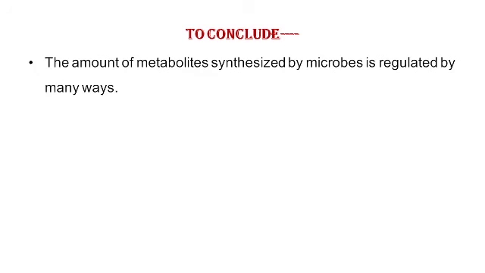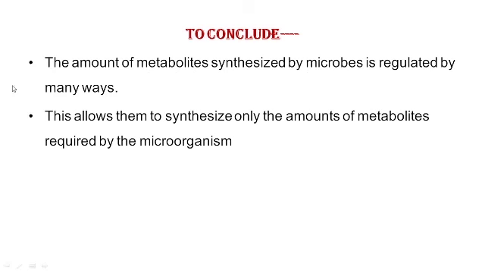To conclude with the regulatory mechanisms of the metabolic pathways or the enzymes, we have seen that the amount of metabolites synthesized by the microbes is regulated in many ways other than feedback inhibition also. All these regulatory pathways allow the microorganisms to synthesize only the amount of metabolites that are required by the microorganism.